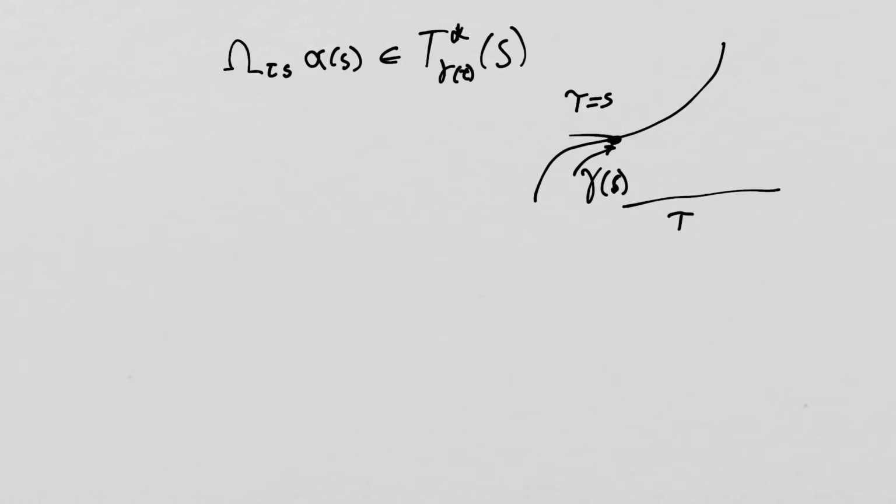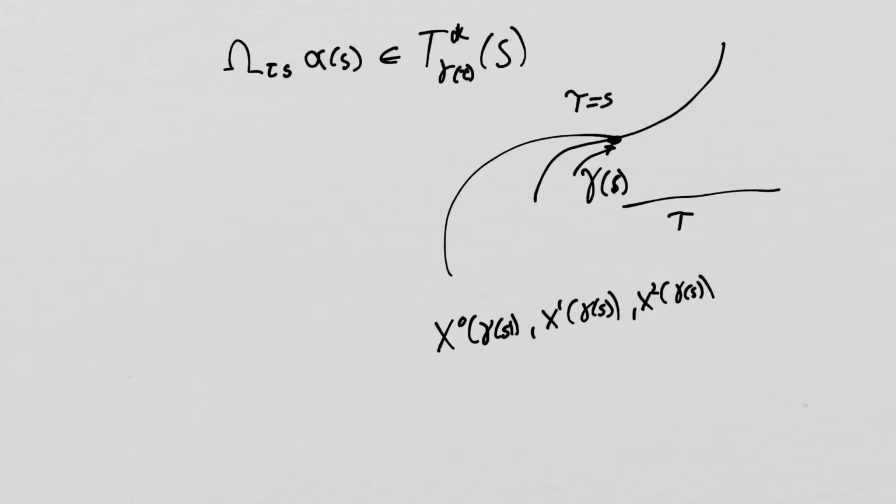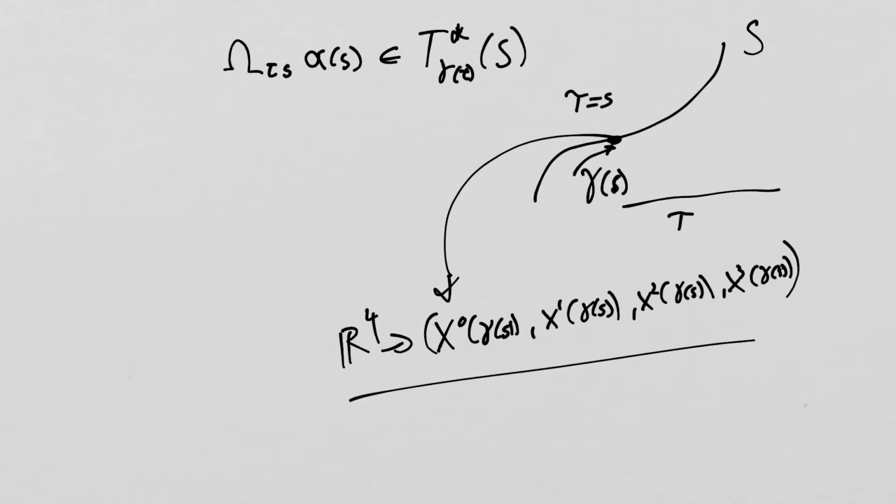And if you want to really push it, the coordinates of that point are going to be x0 of gamma of S, comma x1 of gamma of S, comma x2 of gamma of S, comma x3 of gamma of S, right? So that's, when you really break it down, the point in R4 that it's mapped to from the manifold. So this is the manifold, and this is the point in R4 that is the coordinates of that spot.